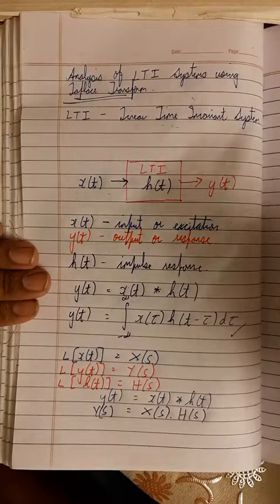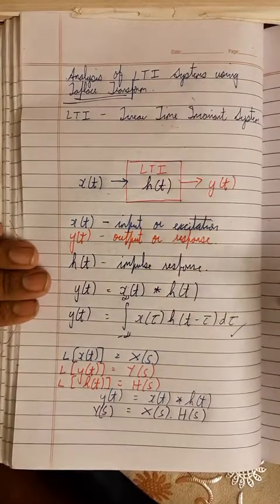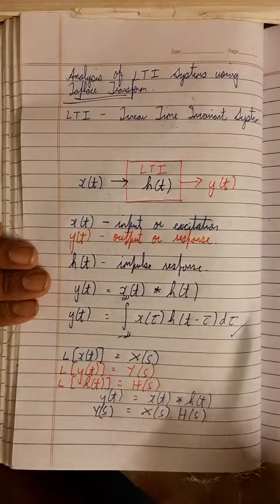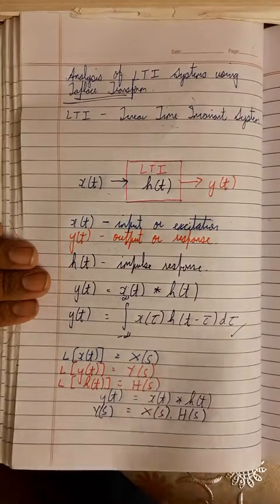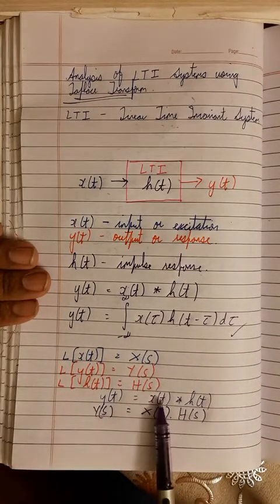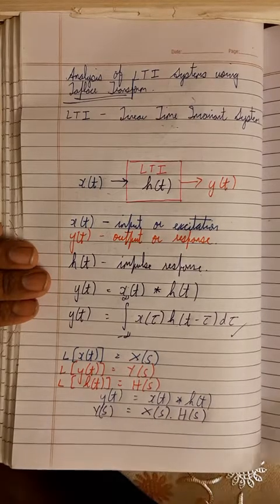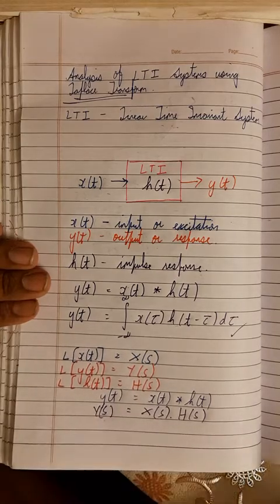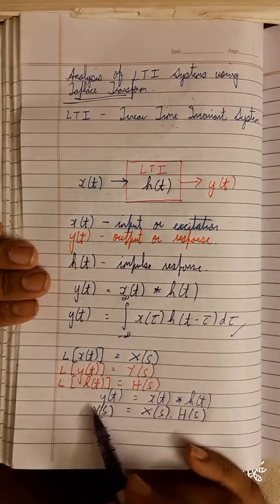But when you are applying Laplace transform, this becomes simpler. You don't have to apply any integral or any convolution method. All you need to do is find the Laplace transform of the two signals, and then simply multiply them to find your output. And then to find the output in the time domain, find the inverse of this.